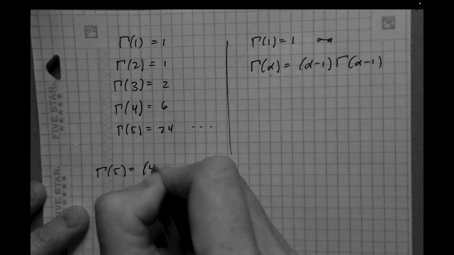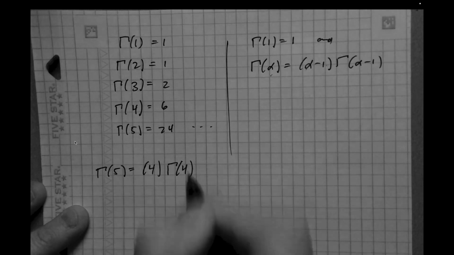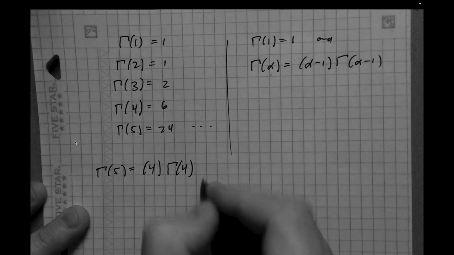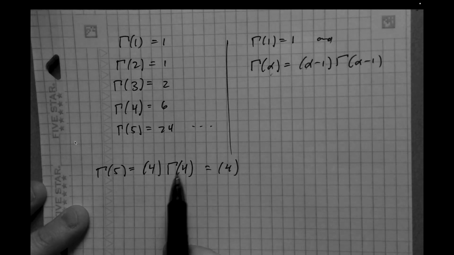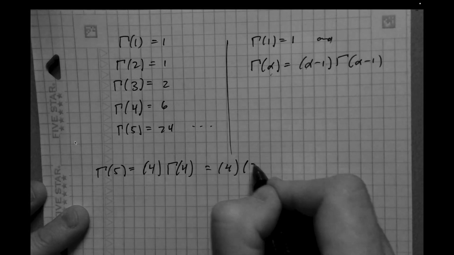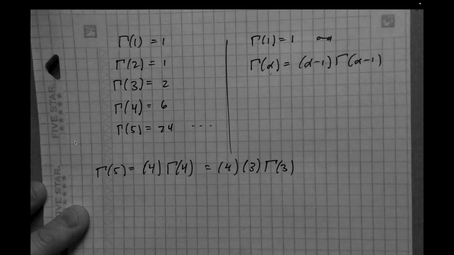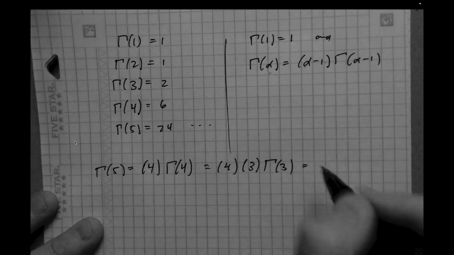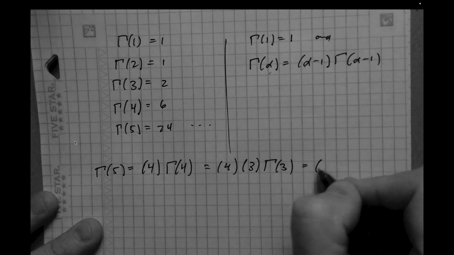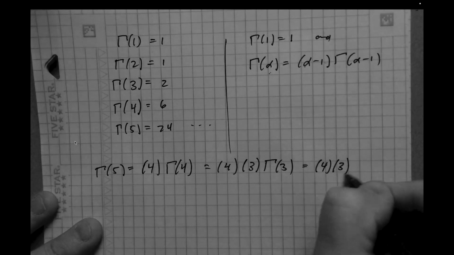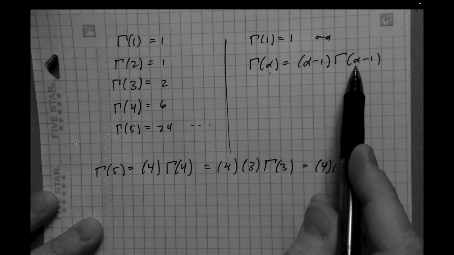So it would be 4 times gamma of 4. Well, what's gamma of 4? Gamma of 4 would be 3 times gamma of 3. Well, what's gamma of 3? You've got the 4 and the 3. Gamma of 3 would be 2 times gamma of 2.